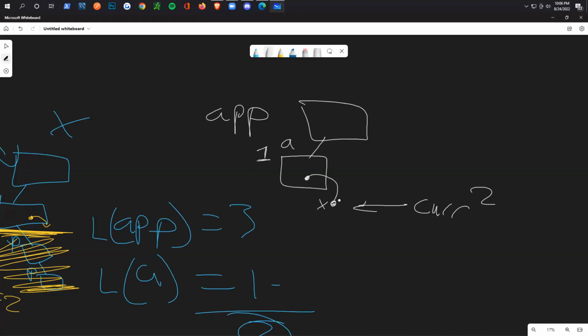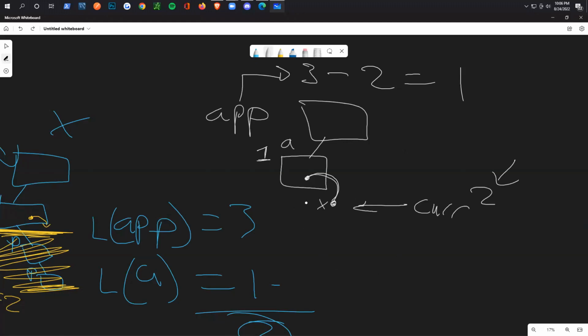So that's why I'm doing the if check first. If after we move, we end up at a null node, we don't want to increment first, because then it's going to make it seem like we did the length of this, which is going to be 3 minus how far our iteration got, 2, 1. But really, if we're adding app right here, we're going to have 2 letters.